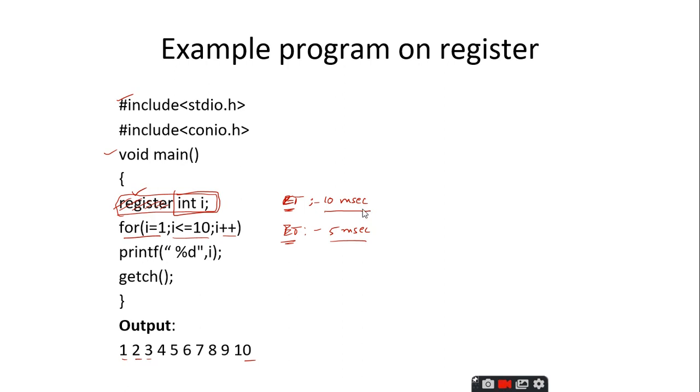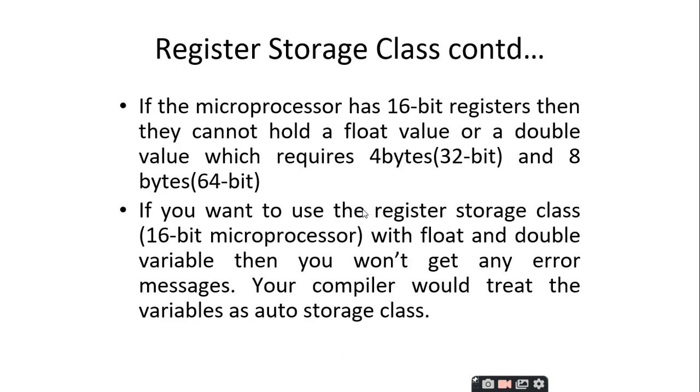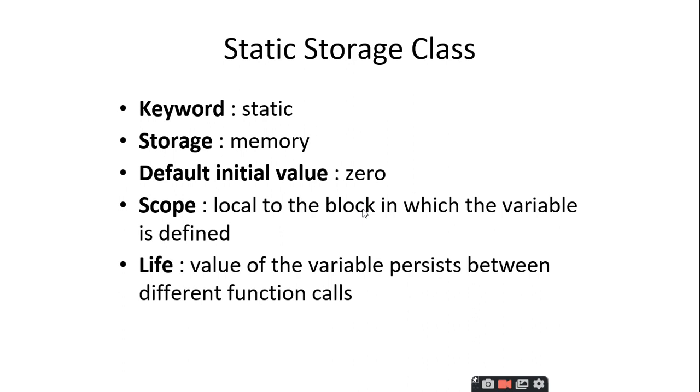And that completes the discussion on the register storage class. Now we will move our discussion into static, a very important concept, right? Static storage class. The keyword that is used to declare the static variable is static.